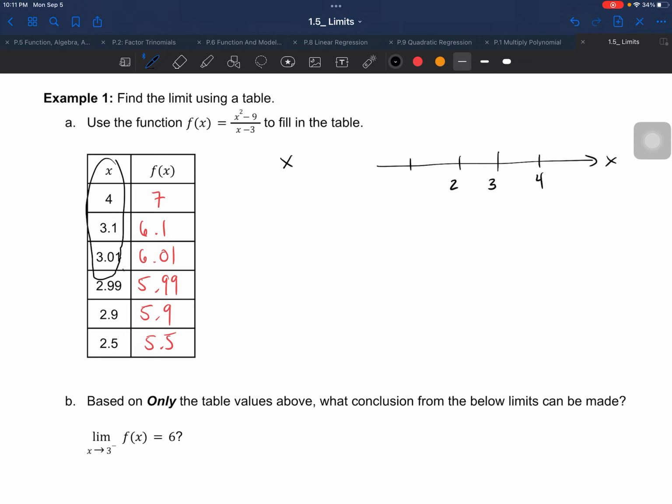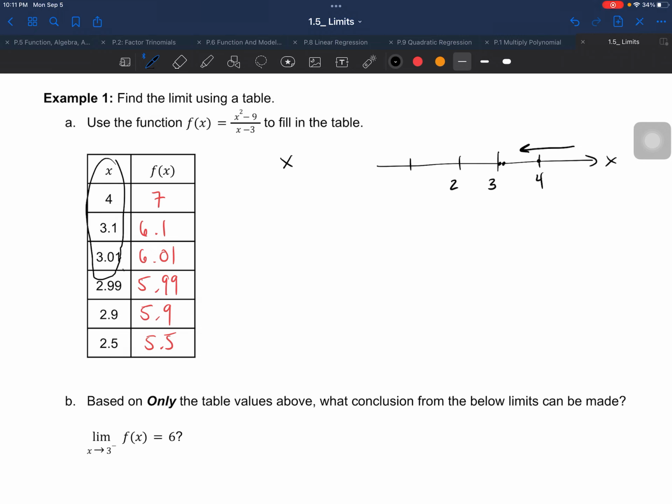The numbers of x are getting from 4 to 3.1 and then 3.01. So the numbers of x are getting close to 3, right?